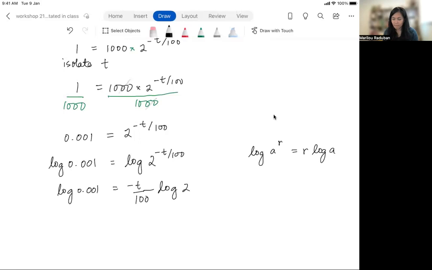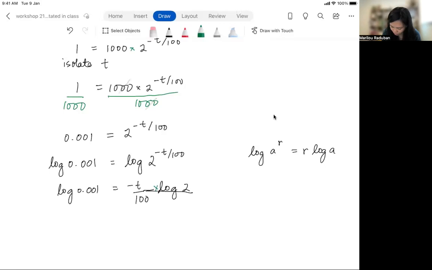Now it's just an algebraic expression. So you have minus t divided by 100 times log 2. Log 2 is just a single number. So to isolate t, t is being multiplied by log 2.